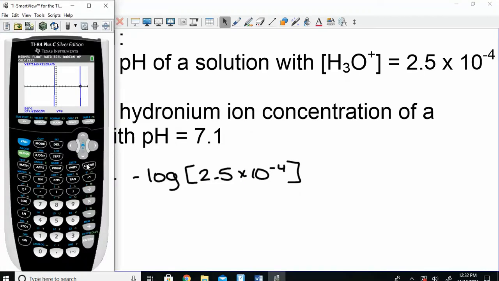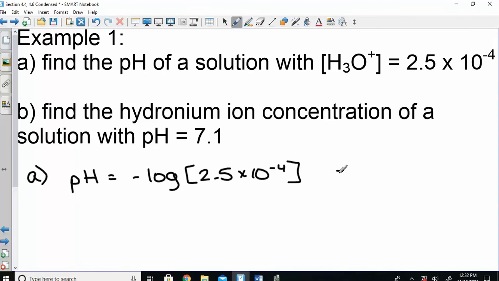So if we just plug that in, I get a pH of 3.6025. We usually just go to one decimal place for pH, so your pH is 3.6.